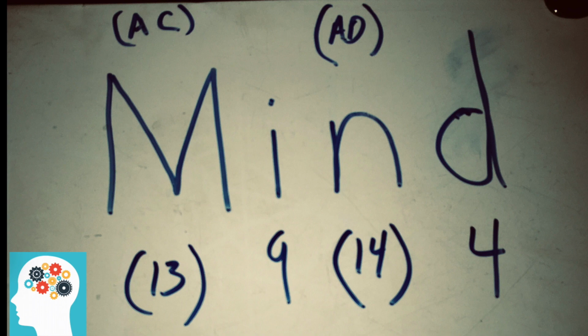Then we have an I, which is the identified number. We have an N, again, which has 14 as its number for its letter, and you could break that down into AD, so you could say acting through, or now, or this notion. And then D, as in the doorway in which it goes through. So you could say the manifested, identified, now, doorway through. So the word mind is exactly that.